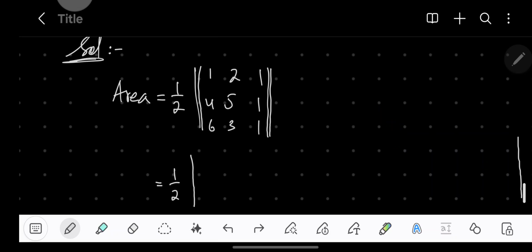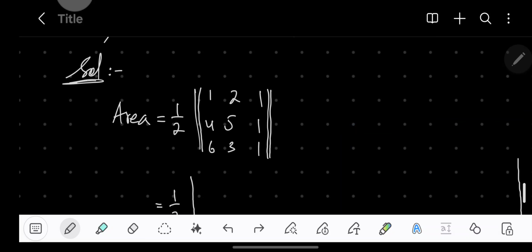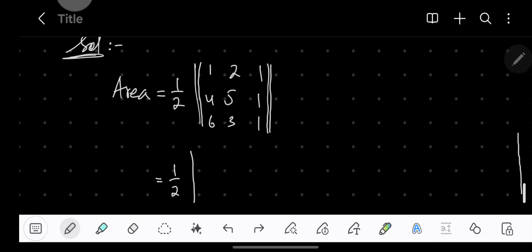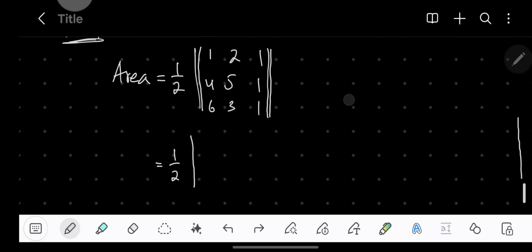Then inside determinant can be found by the expansion along the first row. So first I will write the first value, which is at first row and in the first column. So I will write negative 1 to the power 1 plus 1 times 1 times, deleting this and this, I will get this.